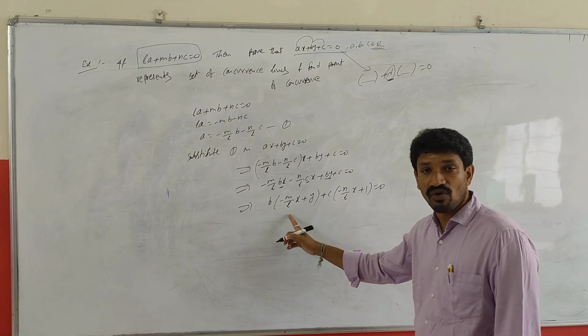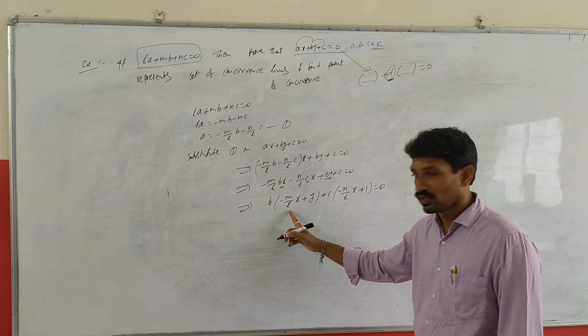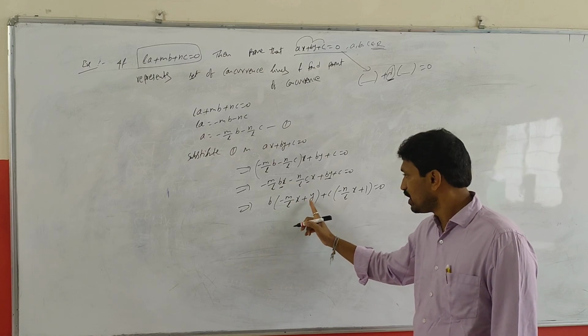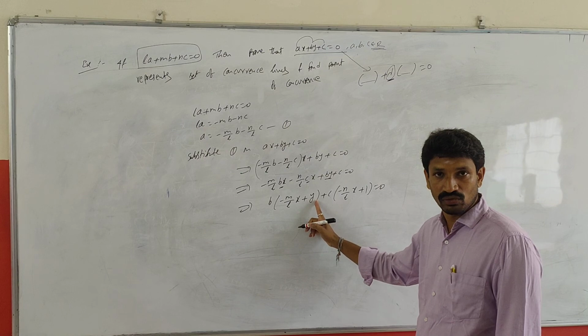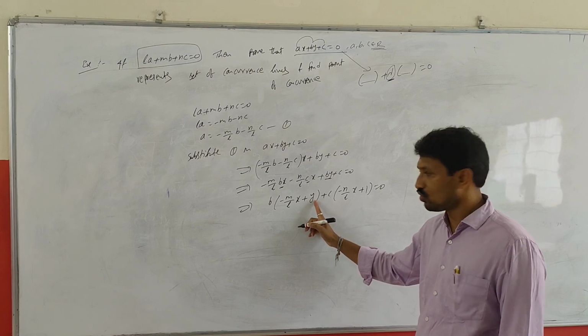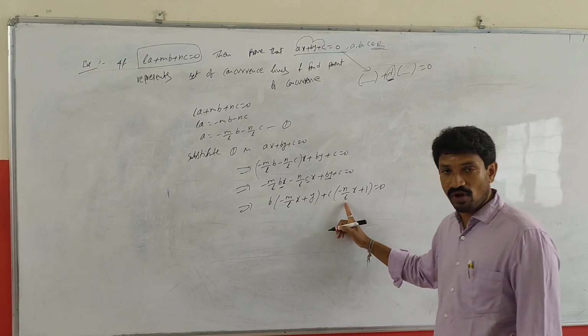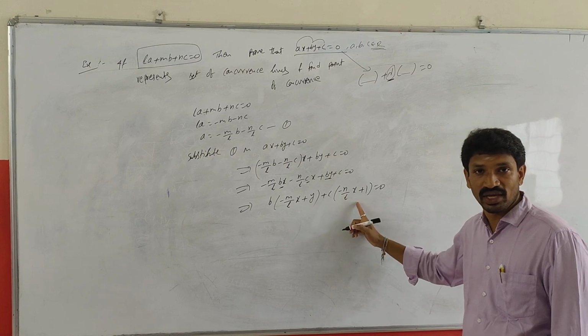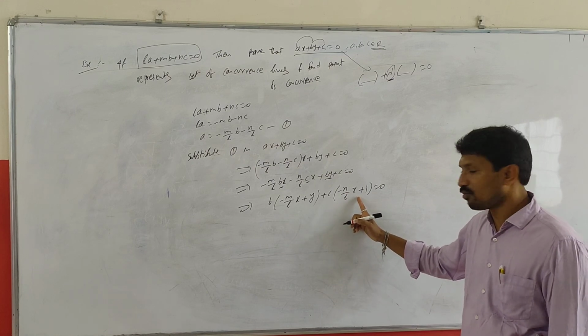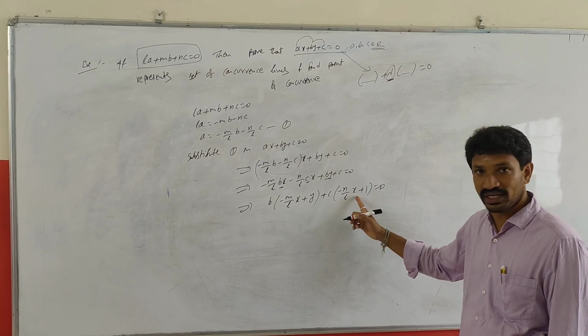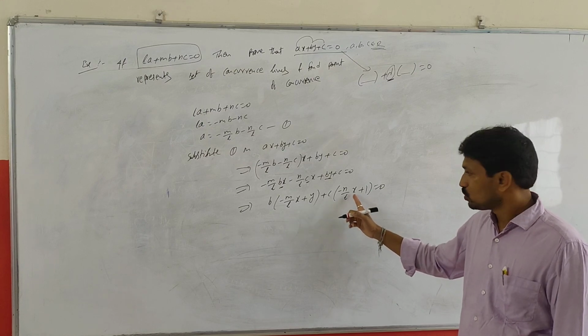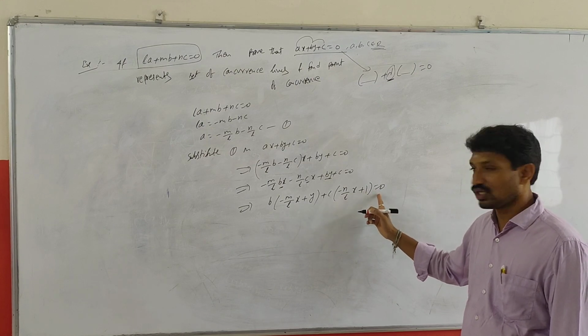It is in the form of some ax plus by plus c is equal to 0. Here c is 0, there is no constant. Here also it is in the form of some ax plus by, where b is 0 because the y term is not present. So we have minus N by L x plus 1 is equal to 0.